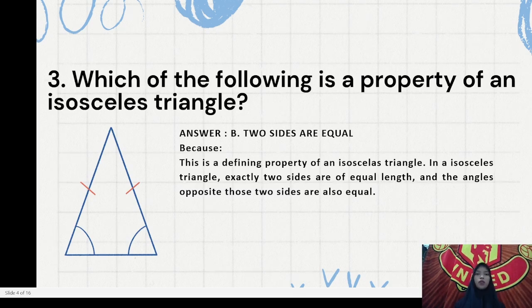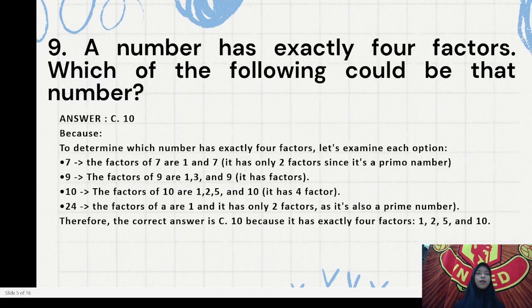Answer B. Two sides are equal, because this is a defining property of an isosceles triangle. In an isosceles triangle, exactly two sides are equal, and the angles opposite those two sides are also equal.